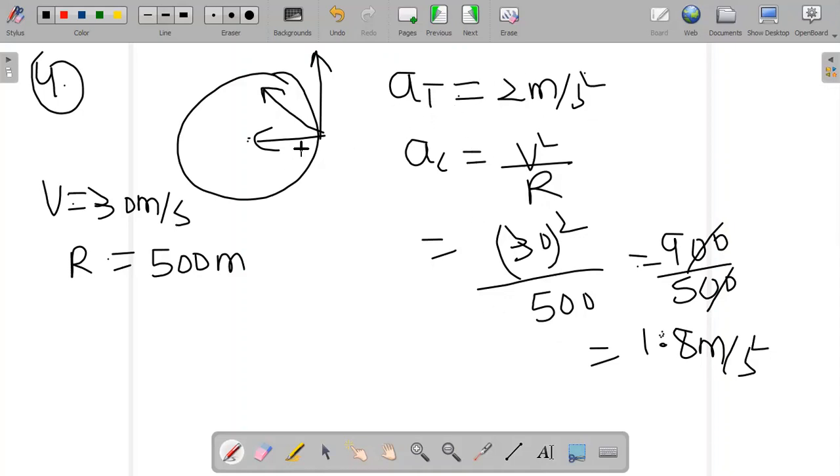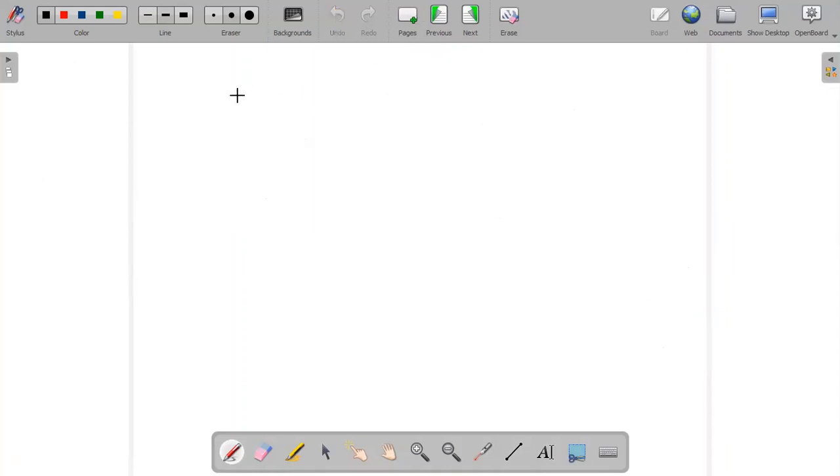So we have 2 accelerations. One is tangential acceleration and this is centripetal acceleration. If I have to find the total acceleration, I need to take the vector sum of these.